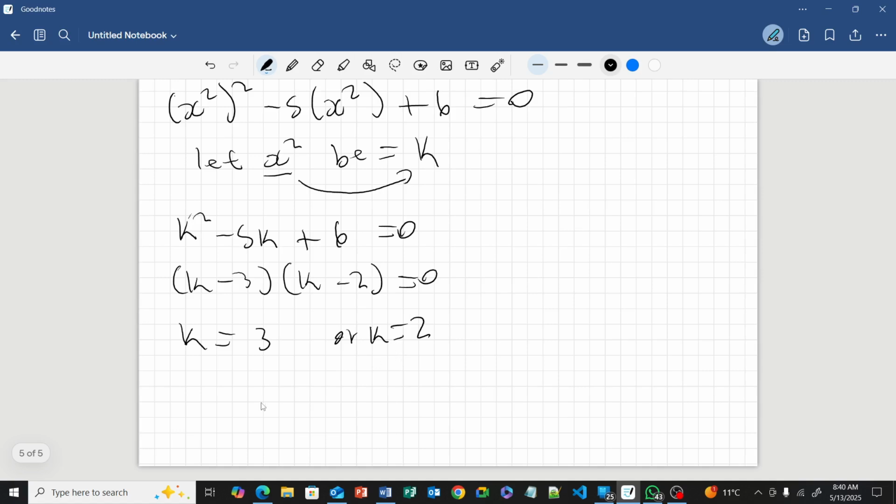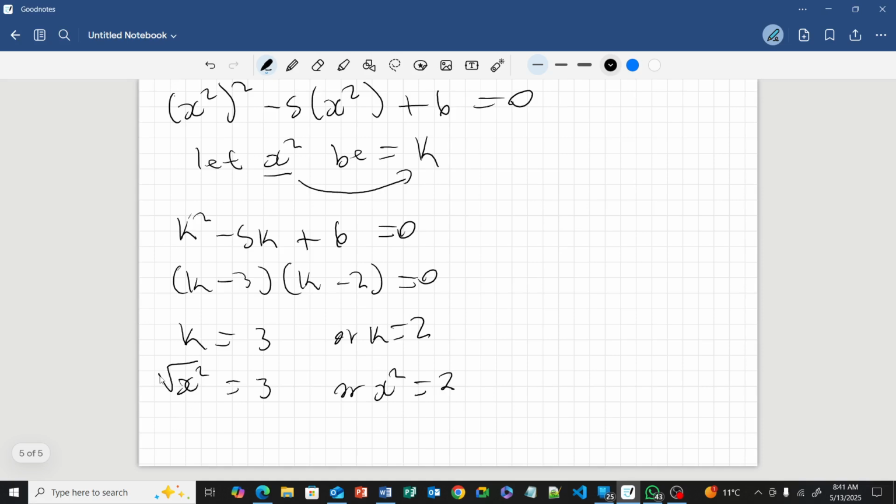Now we are not looking for k, we are looking for x squared. So we now substitute back x squared in the place of k. So then x squared is equals to 3 or x squared equals to 2.